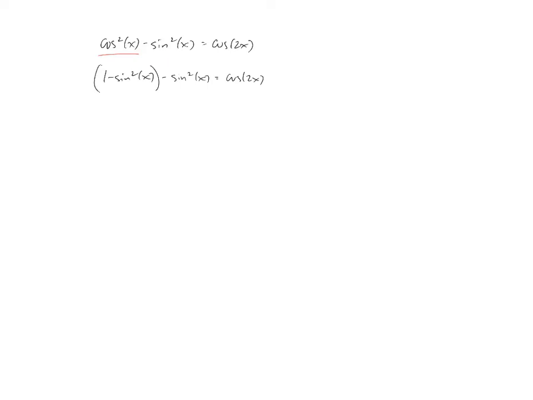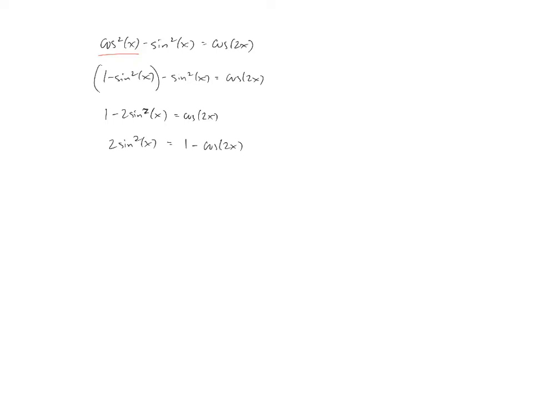By combining like terms on the left, we have 1 minus 2 sine squared x equals cosine of 2x. Now I'm just going to move some things around. 2 sine squared x is going to equal 1 minus cosine 2x.